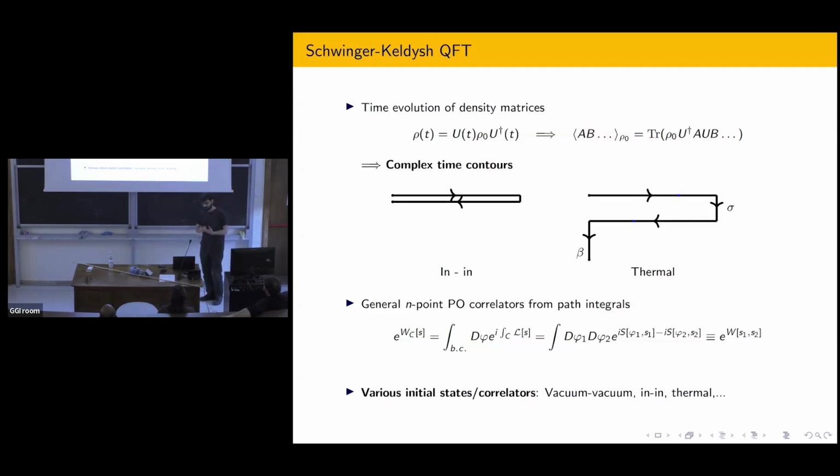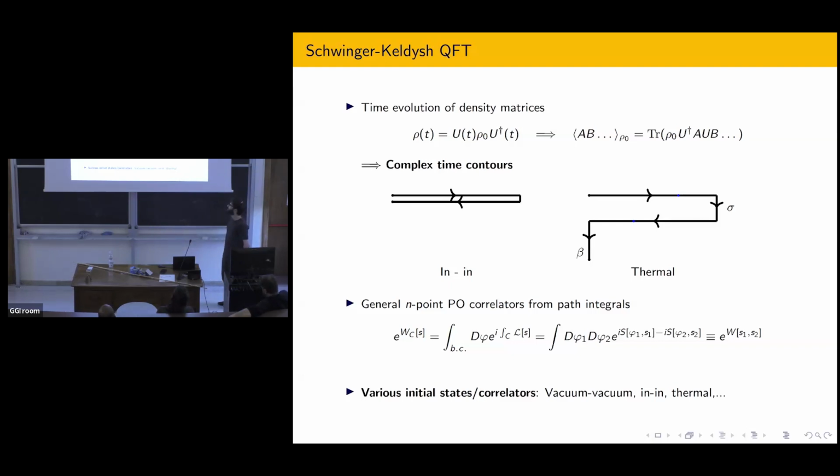So in order to do computations with non-equilibrium density matrices, we can complexify the time contours as shown in these pictures. The forwards in real-time contour corresponds to U, and the backwards corresponds to U dagger. At very late times, we patch together these contours, and this corresponds to the trace that we have on the right side there.